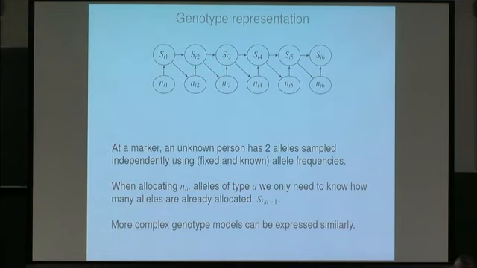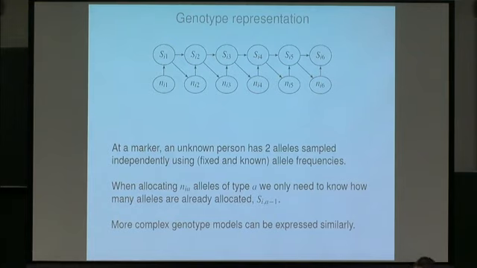Here are 6 alleles at a marker, and rather than telling you that this person has allele 2 and 4, I can also tell you that he has 0 of allele 1, 1 of allele 2, 0 of allele 3, and so on. So I've now introduced a lot more variables, but the point is that I can allocate these sequentially.